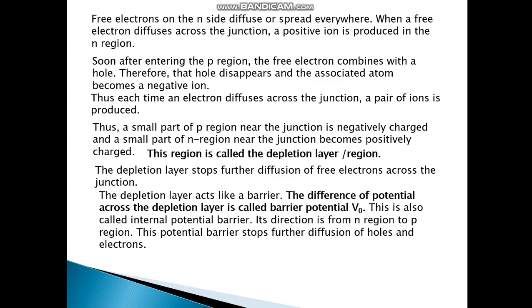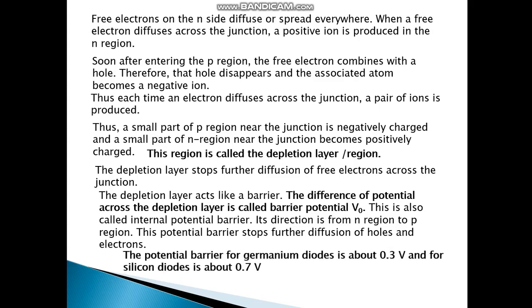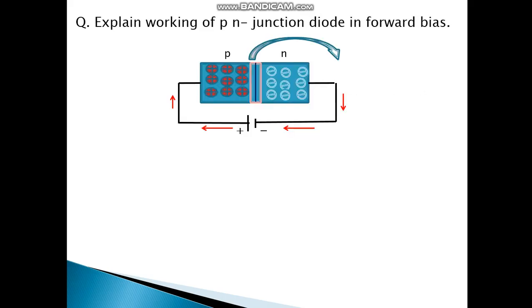The difference of potential across the depletion layer is called the barrier potential V0. This is also called the internal potential barrier. Its direction is from N region to P region. This potential barrier stops further diffusion of holes and electrons. The potential barrier for a germanium diode is about 0.3 volts and for a silicon diode is about 0.7 volts.